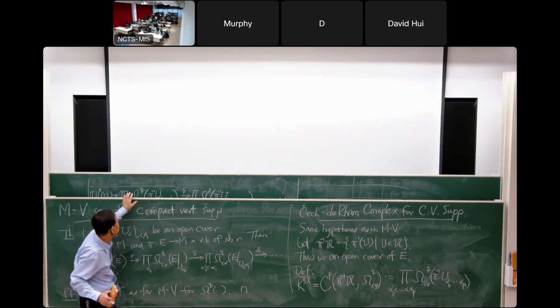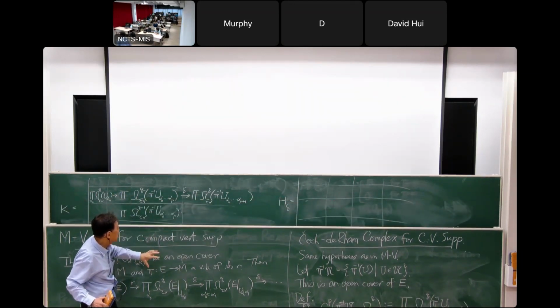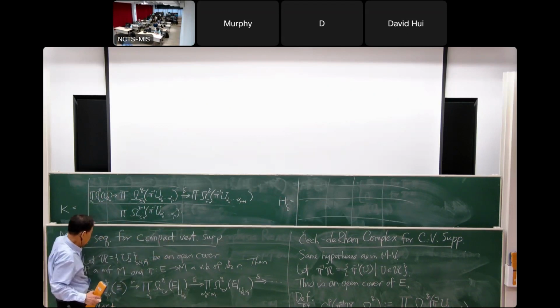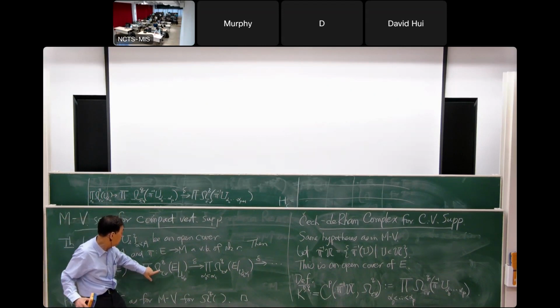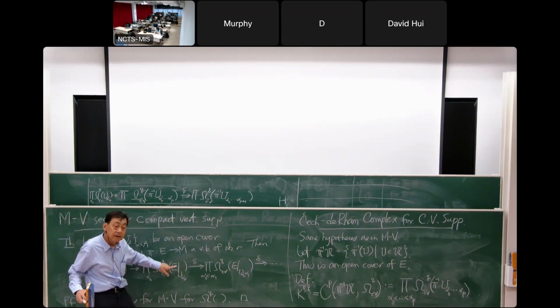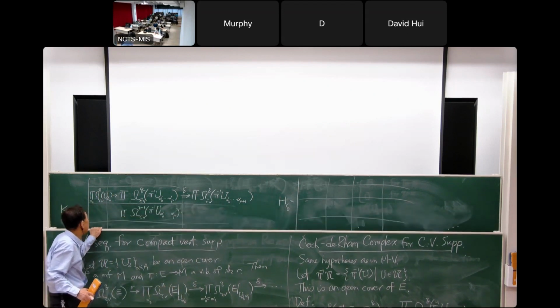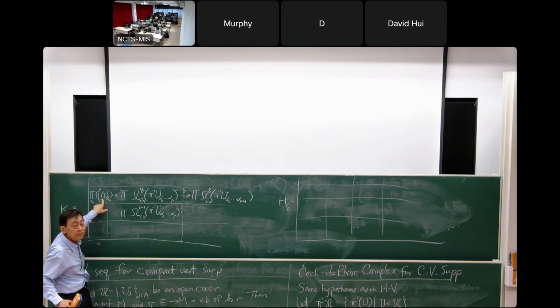So the rows are simply the Mayer-Vietoris sequence for compact support, except it's missing this term. Now this term is the kernel of this δ, because the sequence is exact. So this double complex, the rows are exact, except for the 0th term.